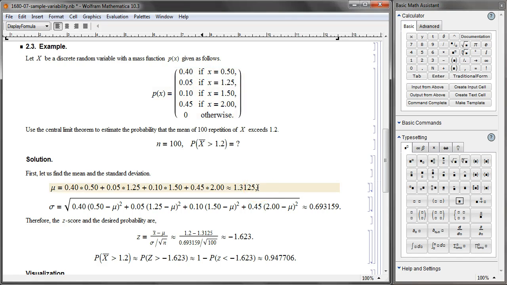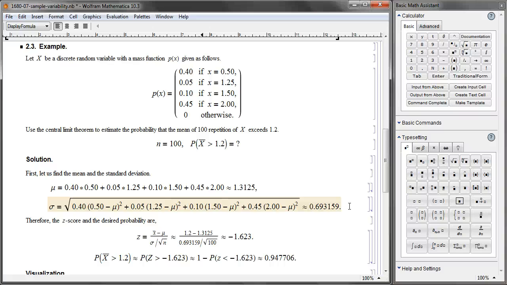Mean is 1.3 something. Standard deviation, we just multiply probability times deviation squared, and so on and so forth. Add them all up, we get the variance, take the square root, and that's going to give me the standard deviation. It's just calculator work, so let's just take these for granted: 1.31 and then 0.69 something.